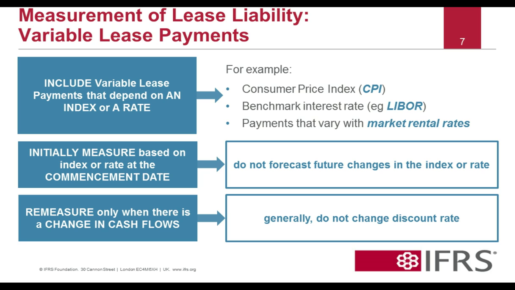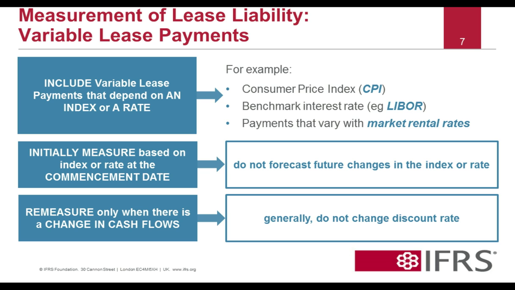Now, after initially measuring the liability, a lessee is required to remeasure the lease liability when there is a change in the cash flows relating to lease payments linked to an index or a rate. So if I take the example that I mentioned before, there is a change in cash flows after 2 years when the reference rate changes.